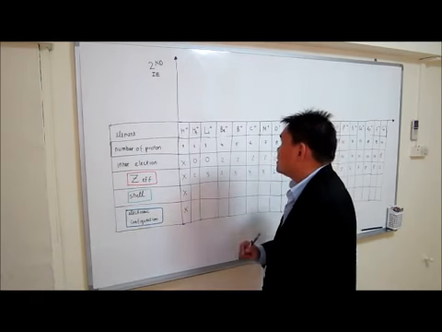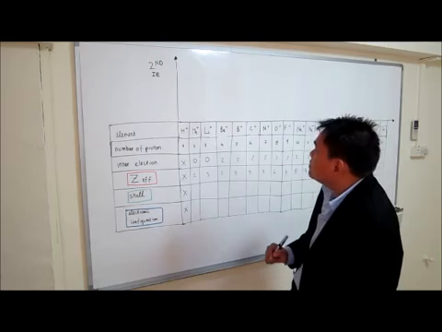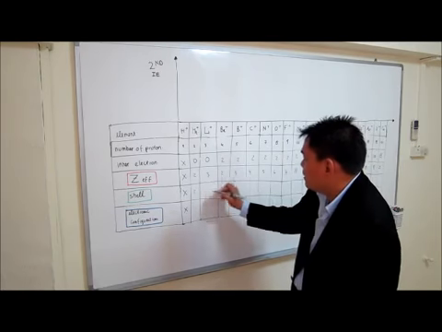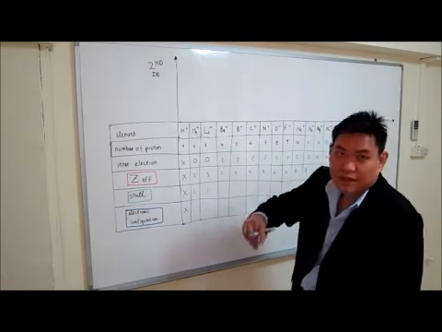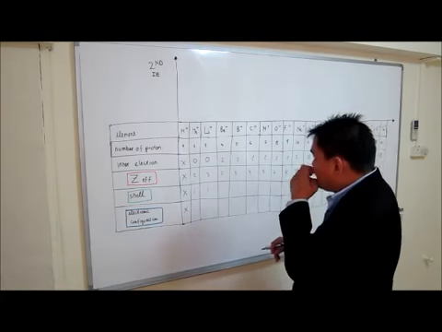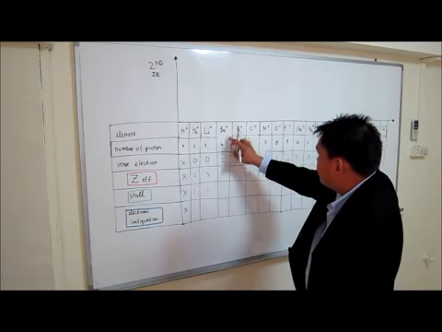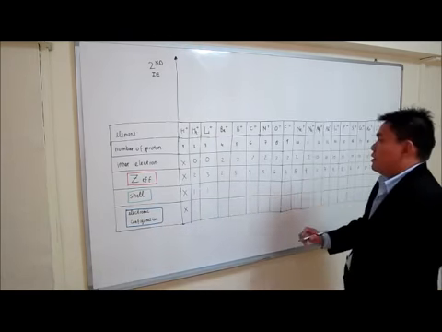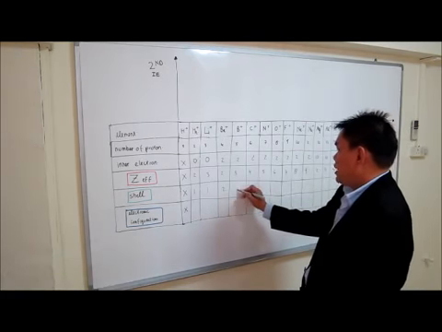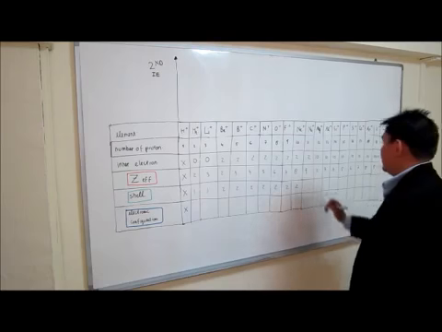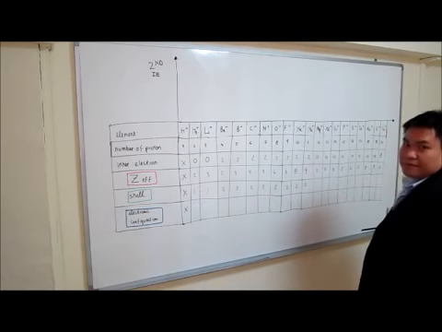Number of shell is also quite simple. Helium and lithium have 1 shell only because Li+ has 2 electrons. Initially 3, then becomes 2. In the case of Be+ to Na+, all of them have 2 shell.